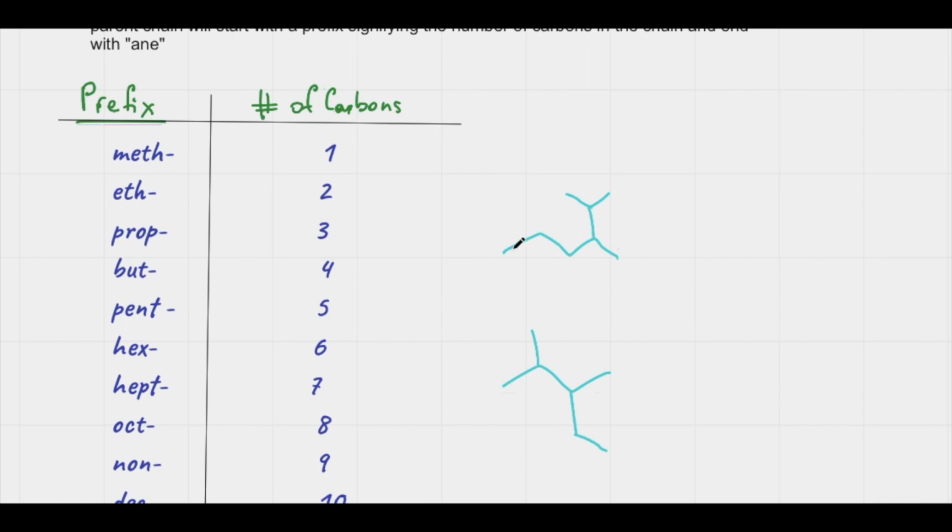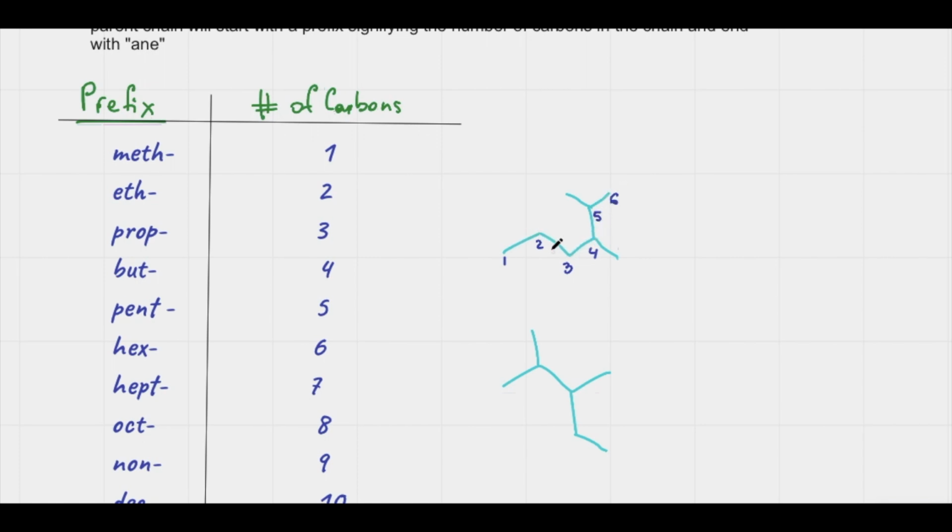Let's go ahead and look here. We can go 1, 2, 3, 4, 5. So this would be a 5 carbon chain. Let's see if we can come up with anything that is longer. We can go 1, 2, 3, 4. But instead of going this way, we can go here 5 and 6. So we can see that this chain must be the longest parent chain.